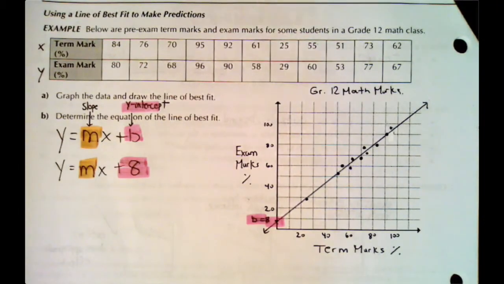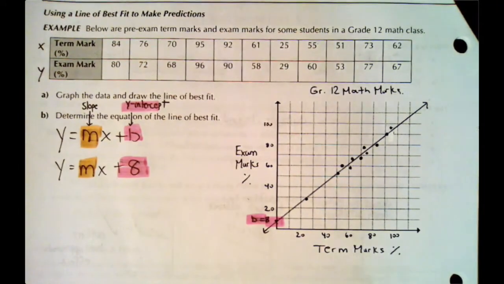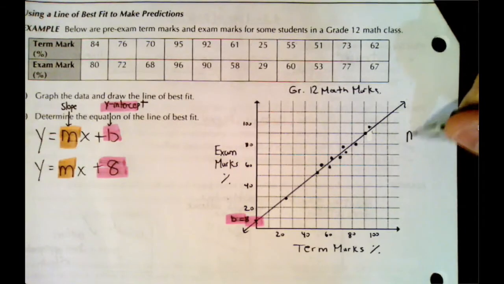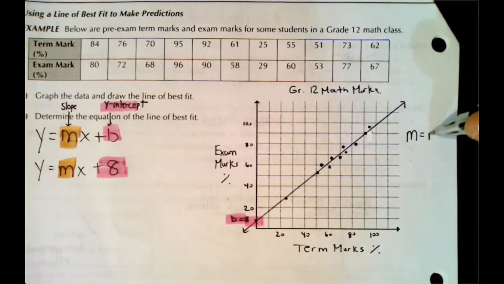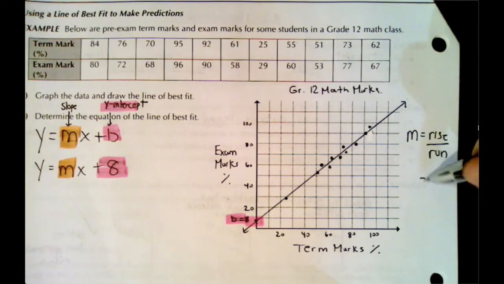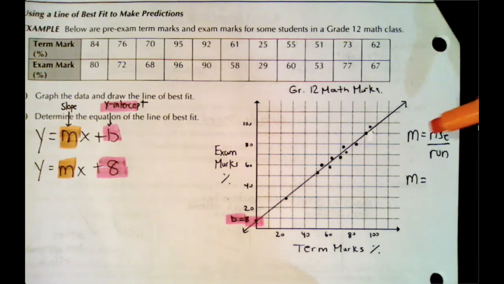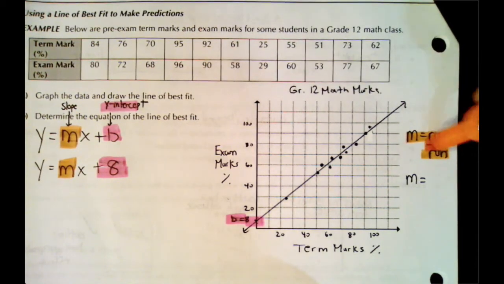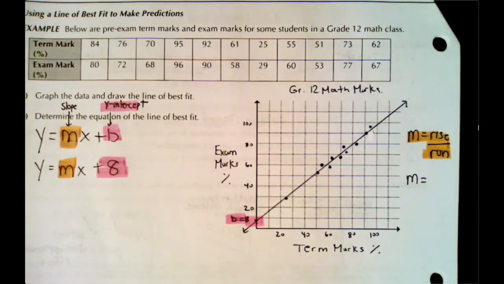How do you find slope? Well, slope on a graph is rise over run. How do we find rise and run? Well, to do that, we need to pick 2 points on the line, so not actual data points, but 2 spots on the line that we can read the coordinates off fairly easily.